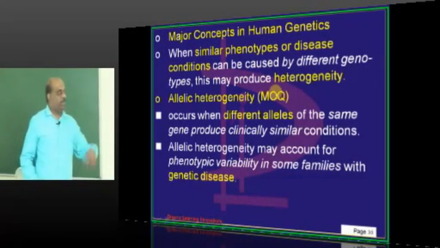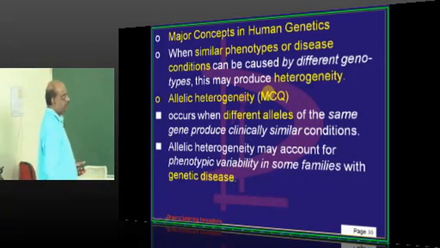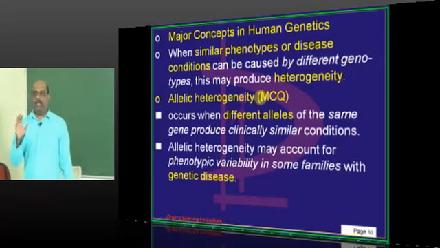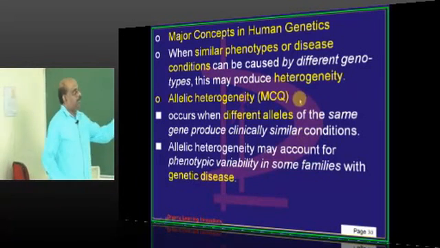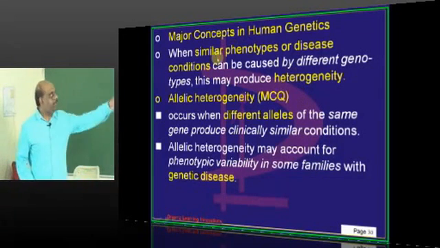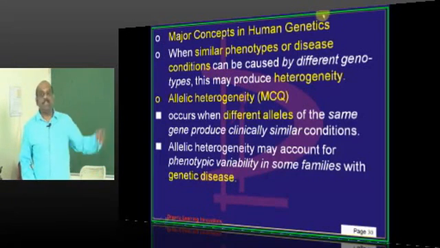So, let's go through some of the important concepts in genetics, doctor. What is meant by genetic heterogeneity? It means when different genotypes can lead to similar phenotypes of the disease condition, you call it genetic heterogeneity.